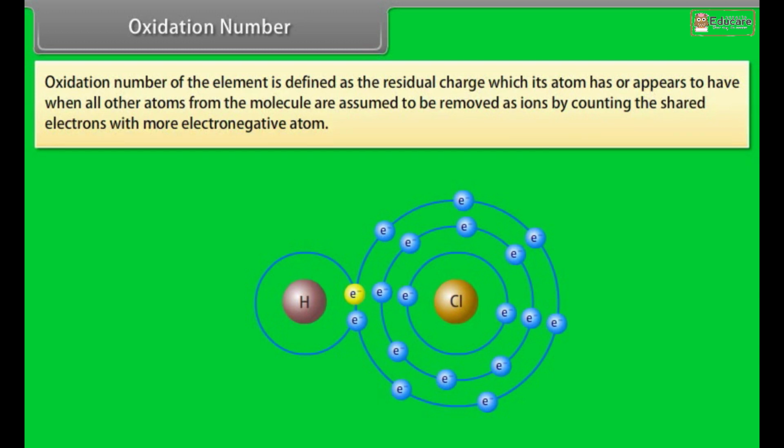Therefore, the shared pair is counted towards the chlorine atom. Chlorine gets one extra electron and acquires a unit negative charge. Hence, the oxidation number of chlorine is -1. On the other hand, the hydrogen atom without its electron has a unit positive charge. Hence, the oxidation number of hydrogen in hydrogen chloride is +1.